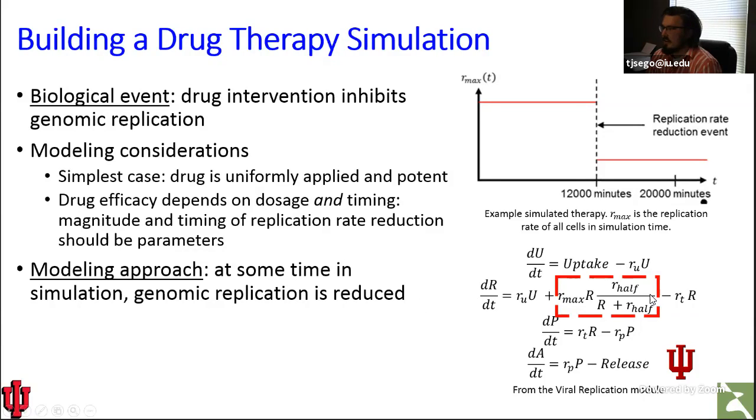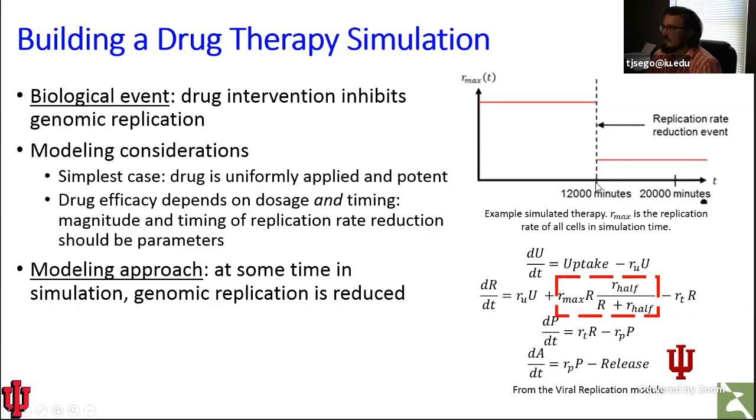In particular, the second expression, describing genomic replication with this term that's boxed in. This is where replication actually occurs, exponentially so. And as we discussed in the last session, in our drug therapy simulation, we begin with our baseline parameter set for this coefficient, R max, just as every other coefficient in the baseline parameter set.